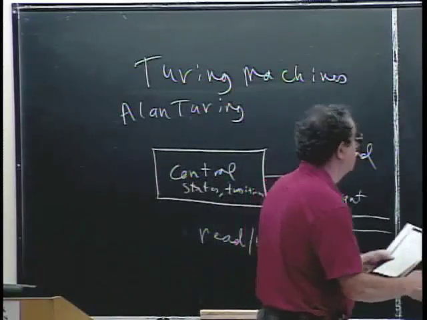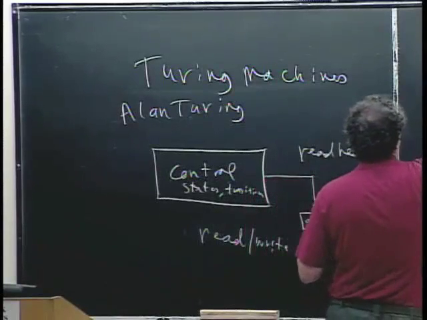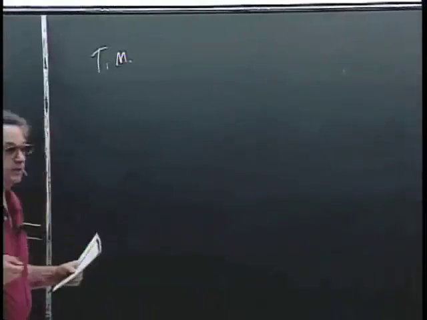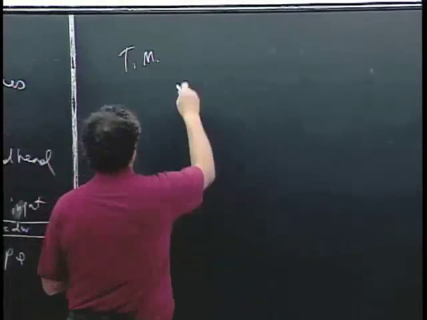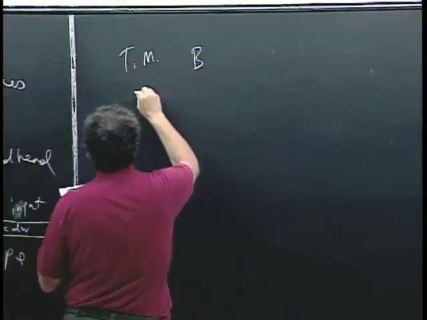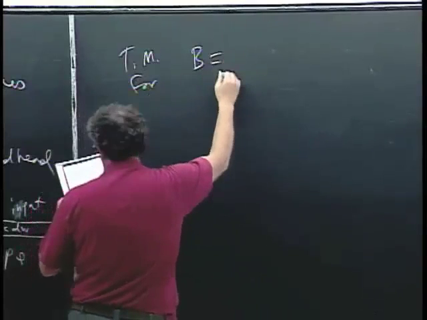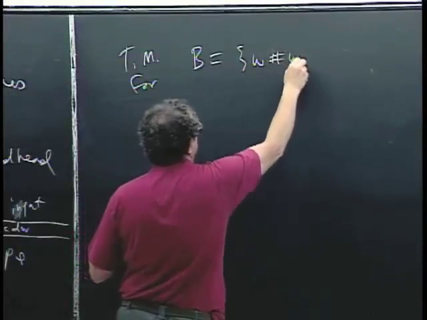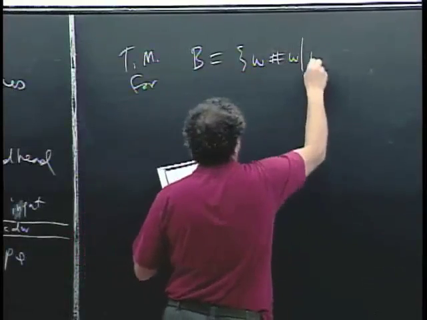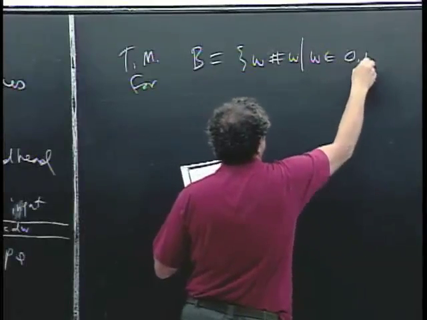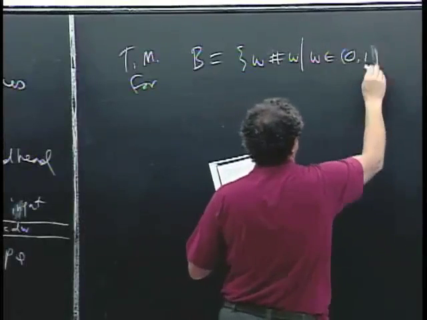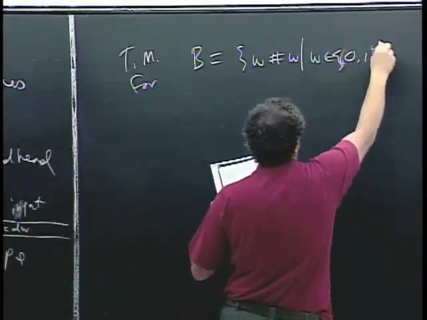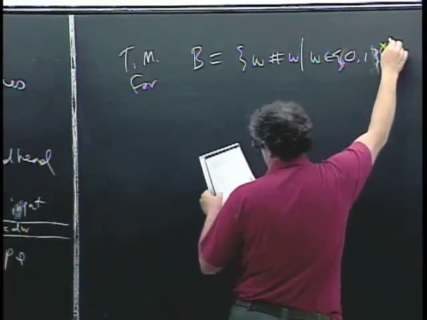So we'll look at a Turing machine. Even without having fully defined what a Turing machine is, I'm going to show you an example, and then we'll define it more precisely. This is a Turing machine for the language B equals {w#w | w is a binary string}.